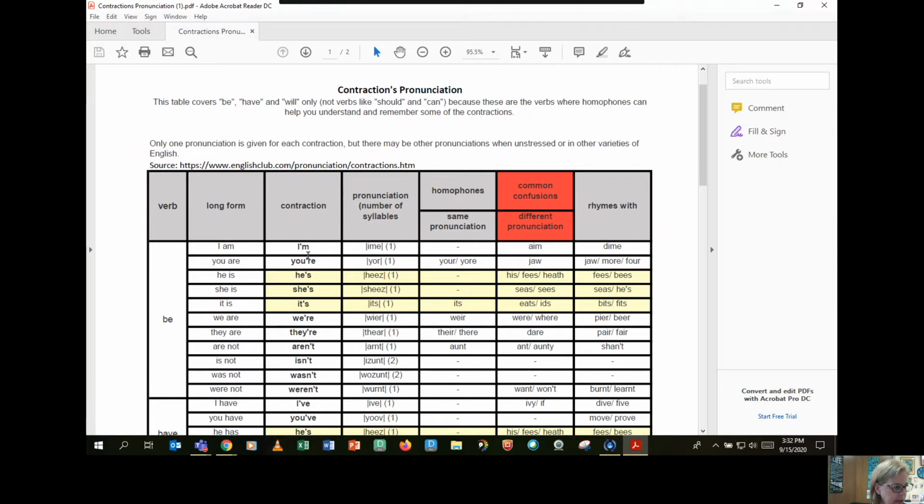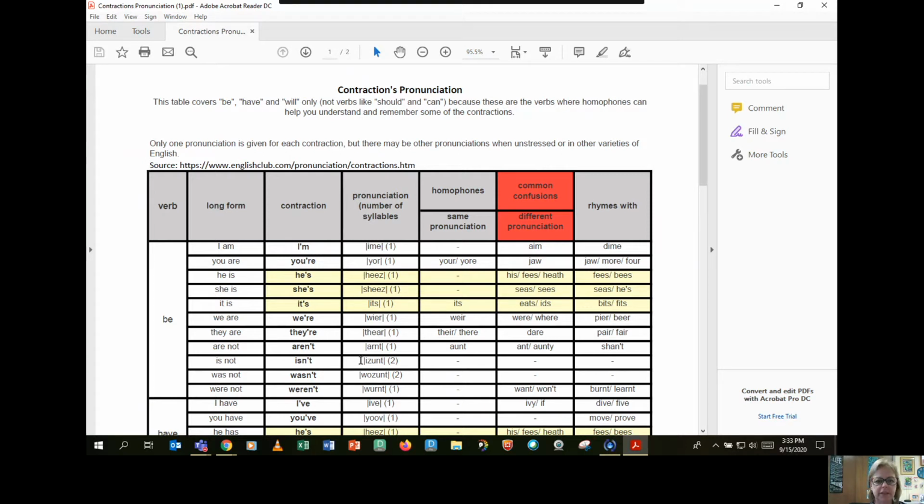You'll notice that we always put an apostrophe where we remove a letter. So I am becomes I'm, and the pronunciation here, I'm, is still one syllable. Now, if we move down to is not, isn't, it becomes 2 syllables.